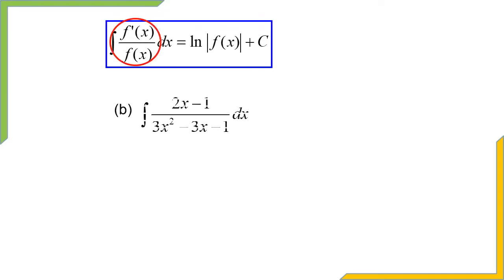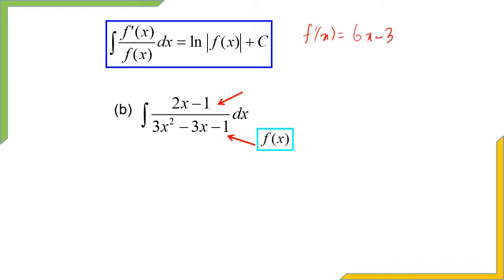So, for question B, if we have the integral of 2x minus 1 divided by 3x squared minus 3x minus 1 with respect to x. First of all, what is our f(x)? Our f(x) is 3x squared minus 3x minus 1. So, f prime x should be equal to 6x minus 3. Do we have the same form of f prime x inside the question?